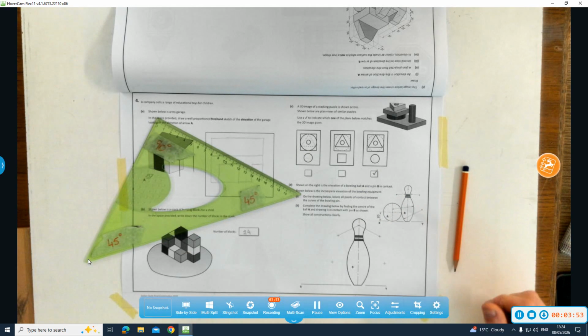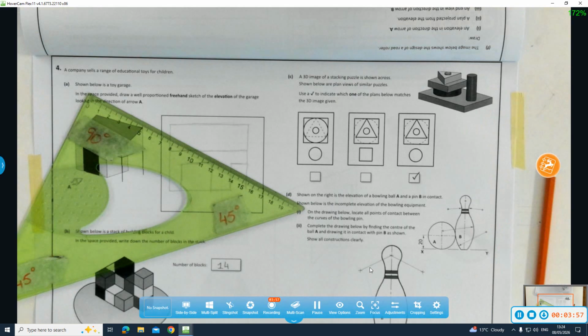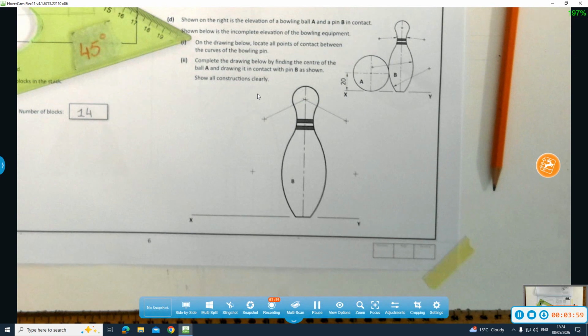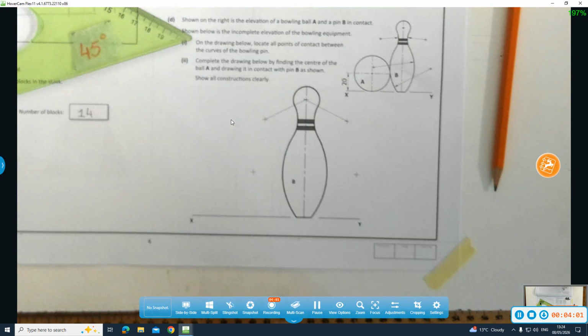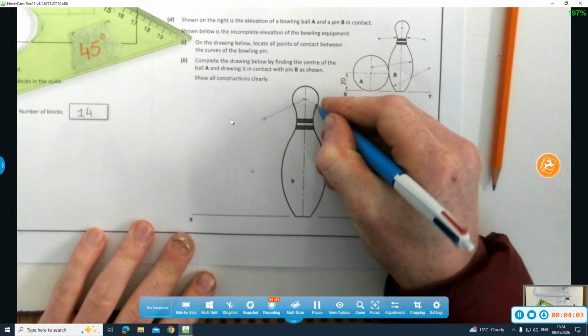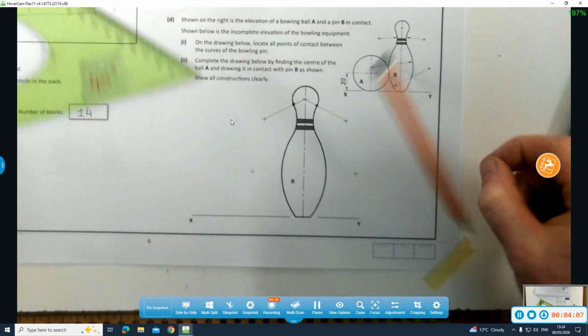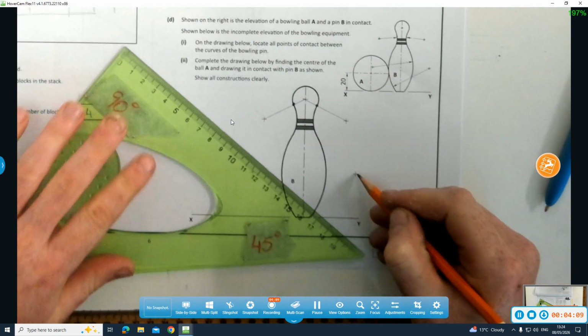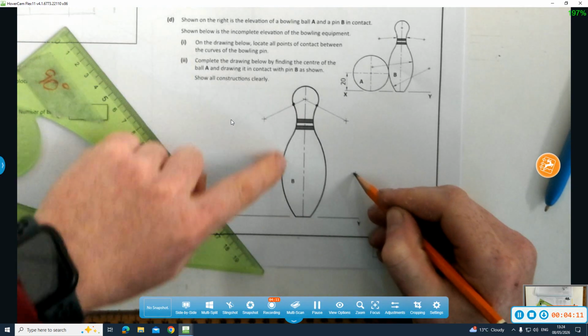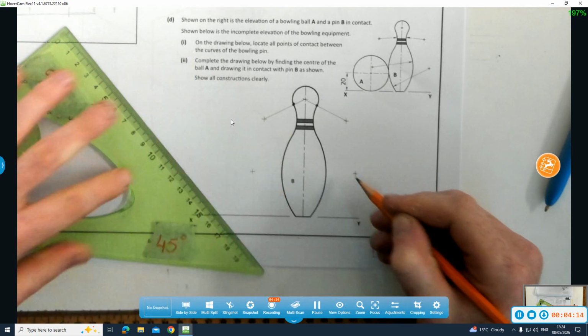I'll get a pin there as well. I'll actually zoom in a small bit so you can see that one a bit better. So you join those. That's your point of contact and that's your point of contact. Now you need to do the same with the big ones. So this here is the centre of this one. So we're joining those centres.